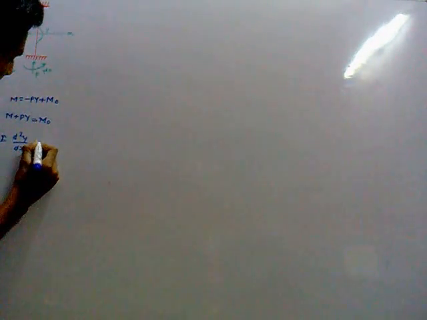Now I know the value of M, so I put EI d2y by dx square plus Py equals M0. Dividing by EI, I get d2y by dx square plus Py divided by EI equals M0 divided by EI. I am getting this value.